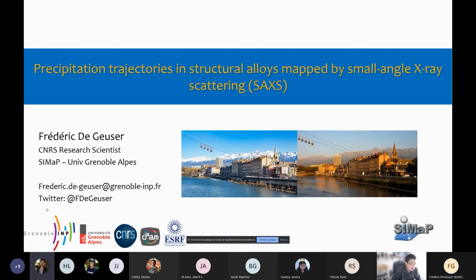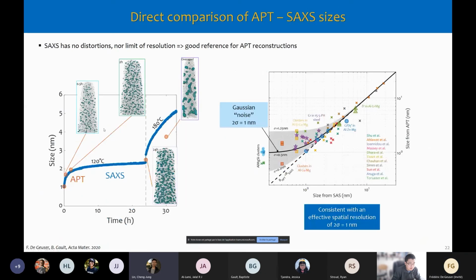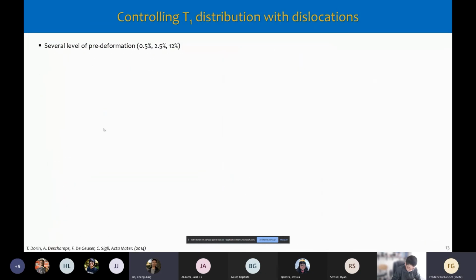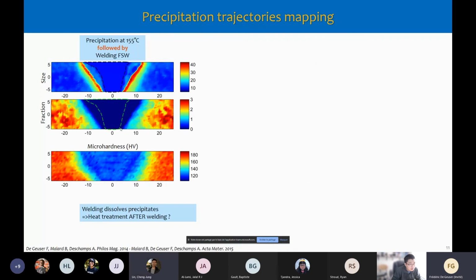Yes, could I ask one small question about, I think in the first few slides, when you're talking about the microhardness, how did you measure that? So is it these ones? Yes. Okay. So it's a very standard microhardness rig, which is all automatic.